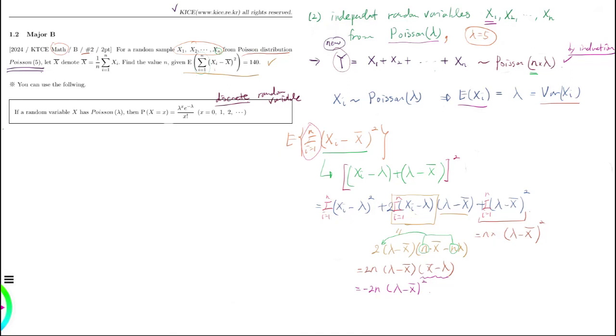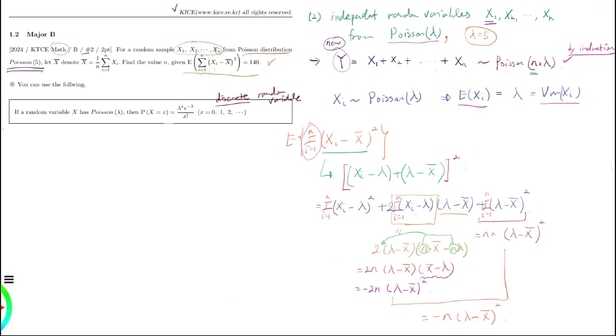Okay, so by the simplification of those last two terms, I have negative n times the square of the difference between lambda and sample mean x bar here.